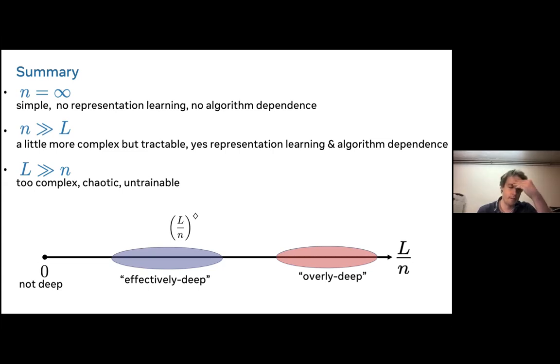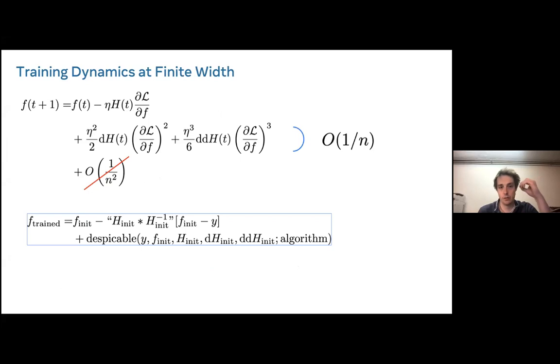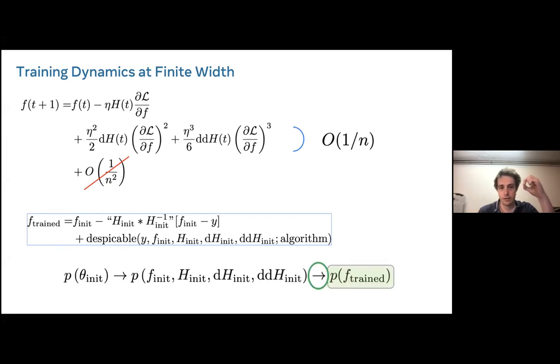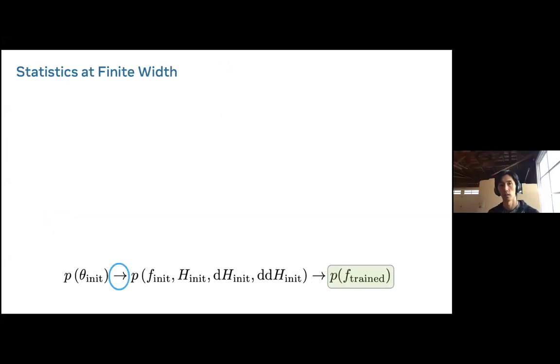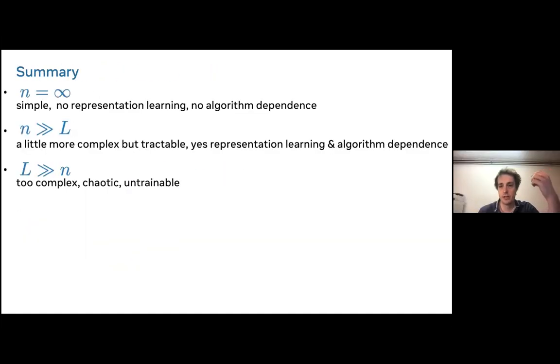Then I'm still learning something. I'm still learning a non-trivial function. I'm still evolving from initialization to a non-trivial function. So in what sense can you call it no representation learning? Because this is some representation. It's not necessarily the representation that we know in deep networks, but we're learning some representation.